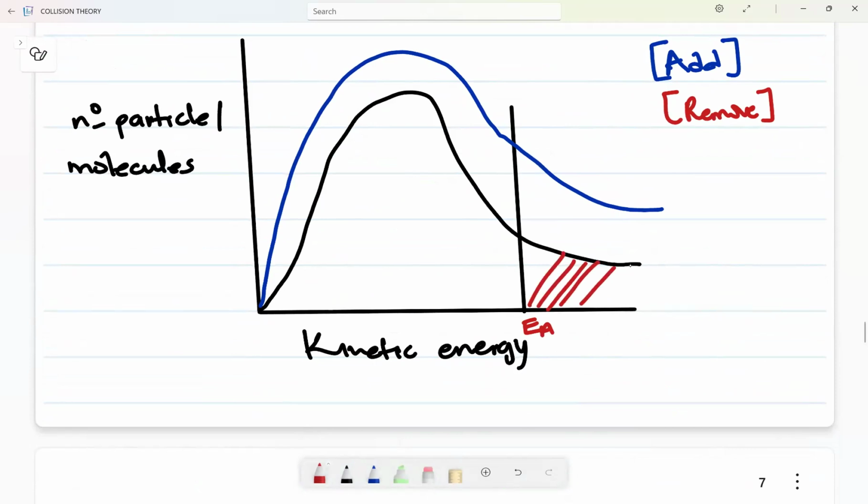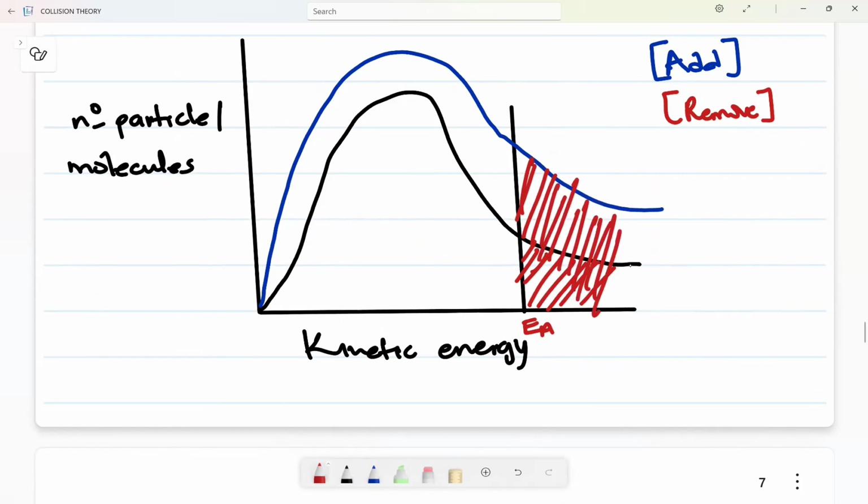Can you see this portion of the graph, or this portion of the number of moles, had effective collisions. But with an increase in the number of particles, including these ones, we now have new particles that have joined.